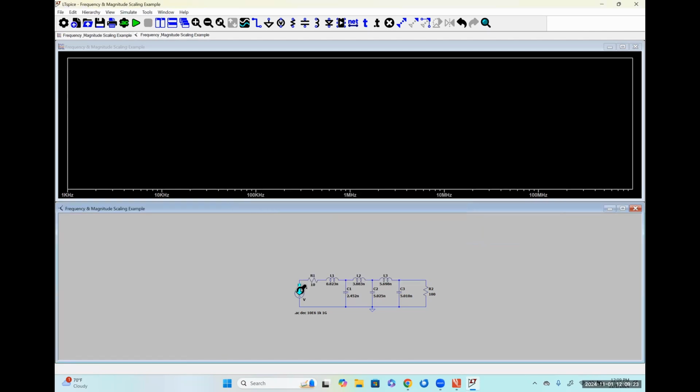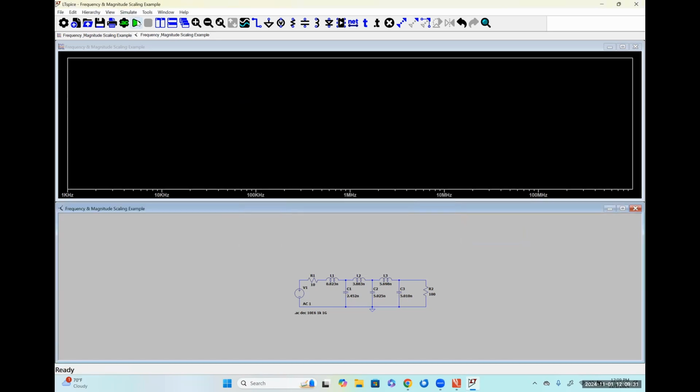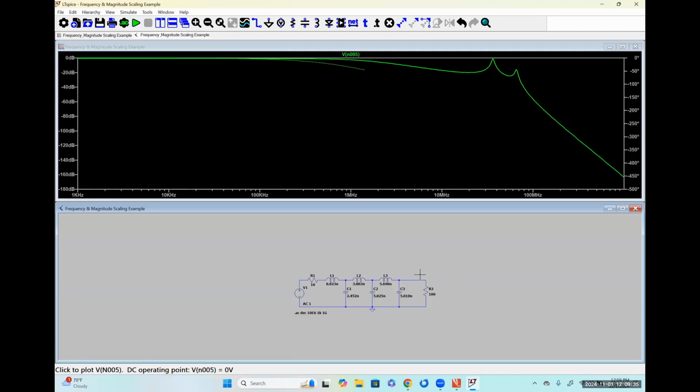Oh, I didn't label my voltage. Nope, that's the wrong thing. Rerun it. No errors this time. Good Lord.